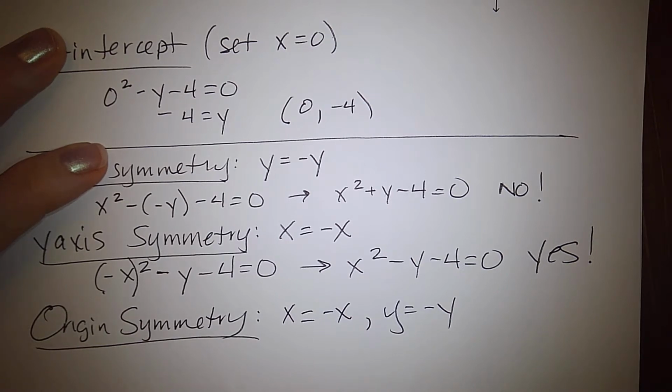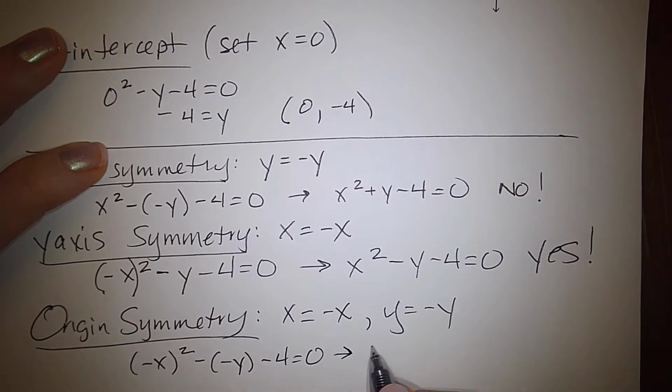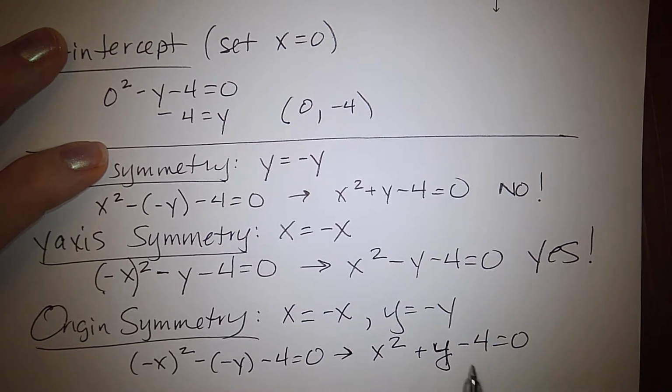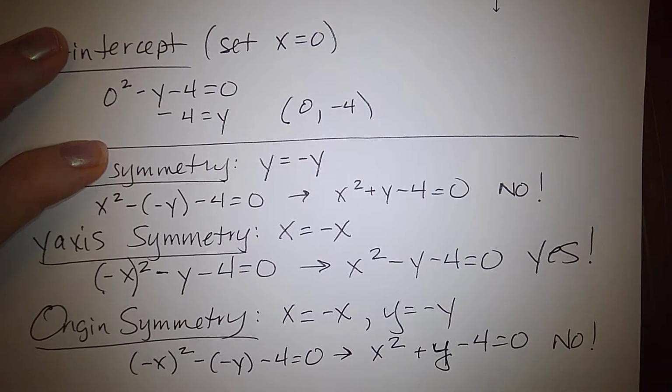So when we plug both negative x and negative y into the original, we get negative x squared minus negative y minus 4 is 0. And when we drop those parentheses, this is not equal to the original, since the middle term was negative in the original equation. So no, we do not have origin symmetry.